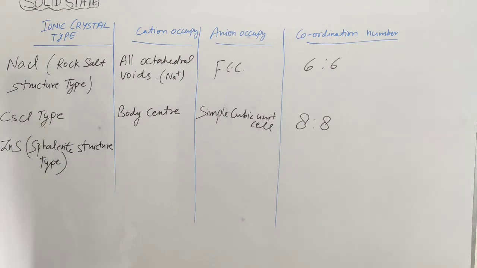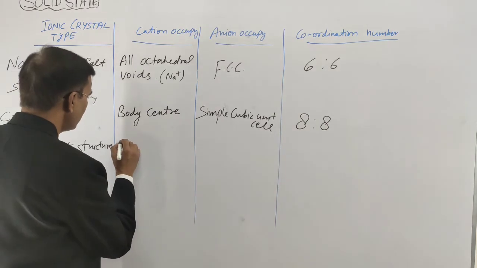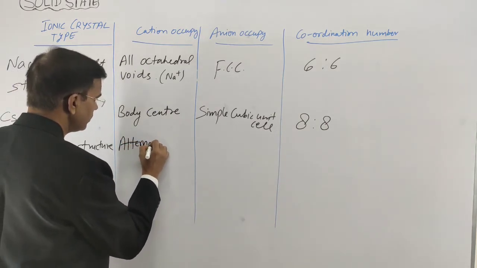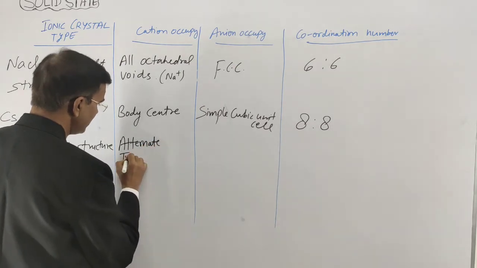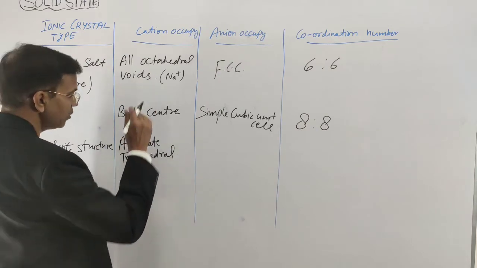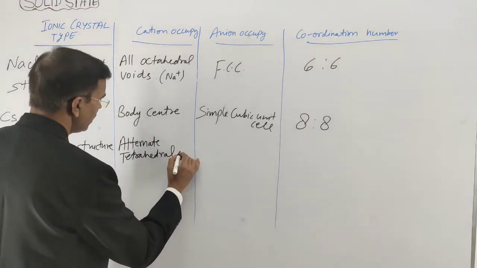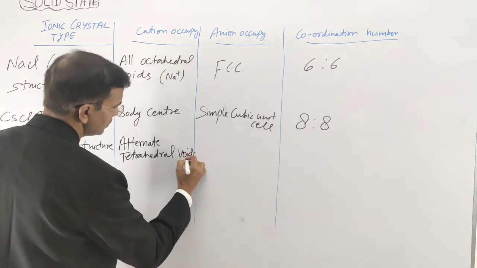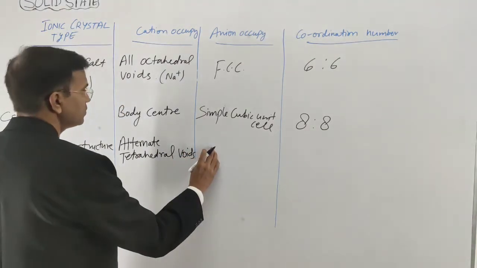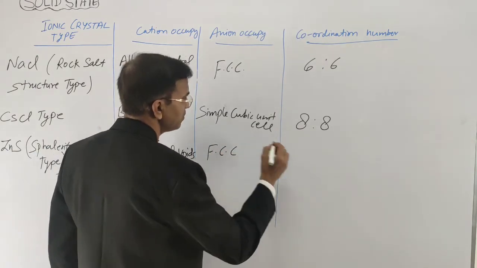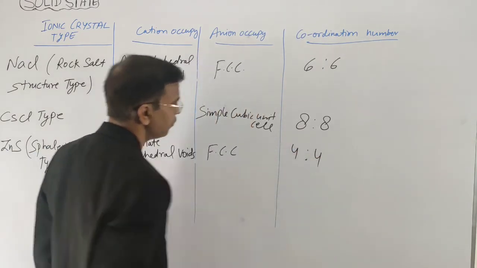Here the cation occupies alternate tetrahedral voids, and the anion forms the FCC structure, and the coordination number will be 4:4.